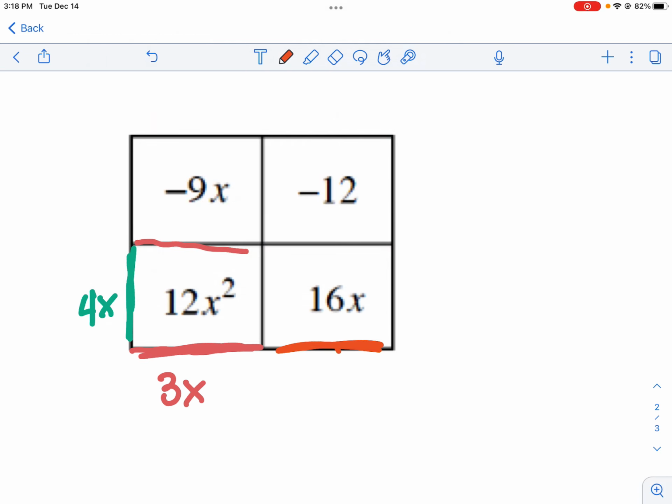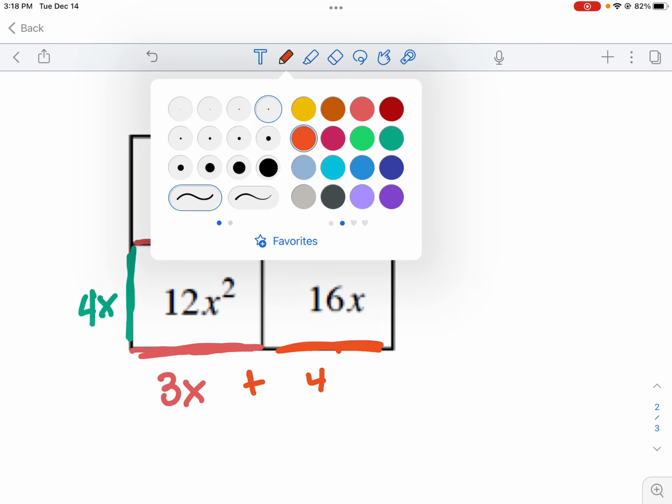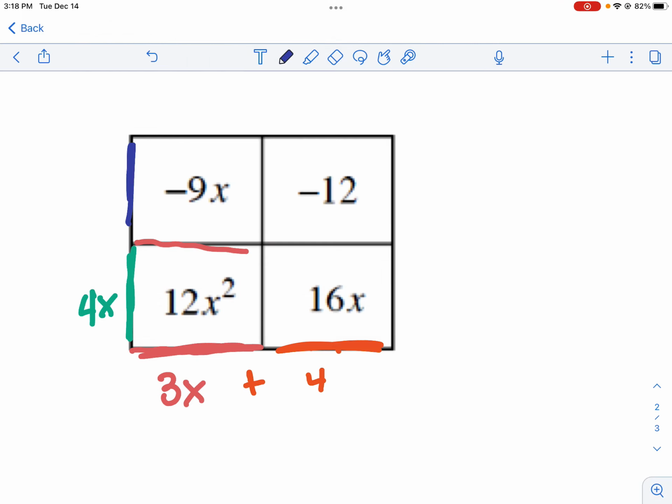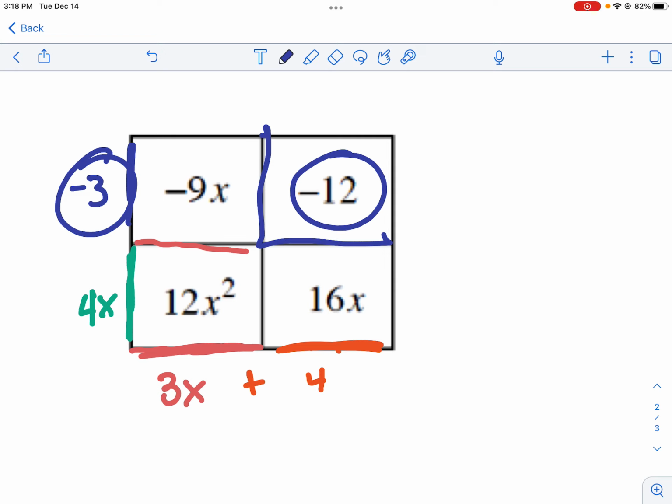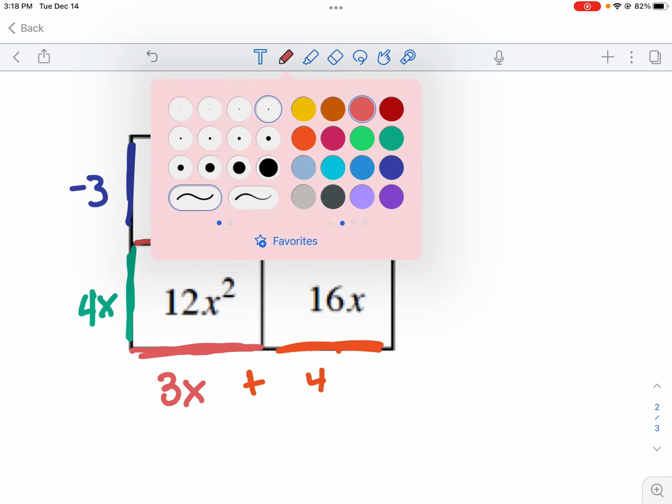If we look at this orange guy now, this is probably plus 4, because 4x times 4, length and width, could give you that area of 16x. And that would make this one up top minus 3, because minus 3 times 4 would give us negative 12. So looking at the little tiny areas and making sure it makes sense with everything else, we can double check here.